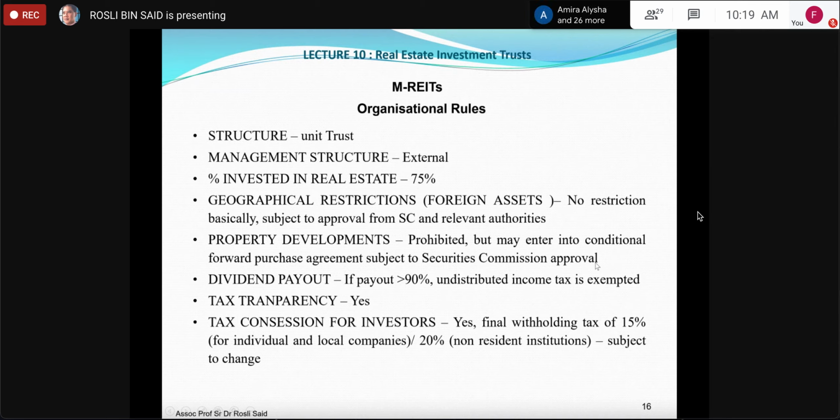So that means the company can become this company through forward purchase agreements. So for example, if this company wants to purchase a project that will be developed by Sandabi, Sandabi itself cannot become a REIT company.